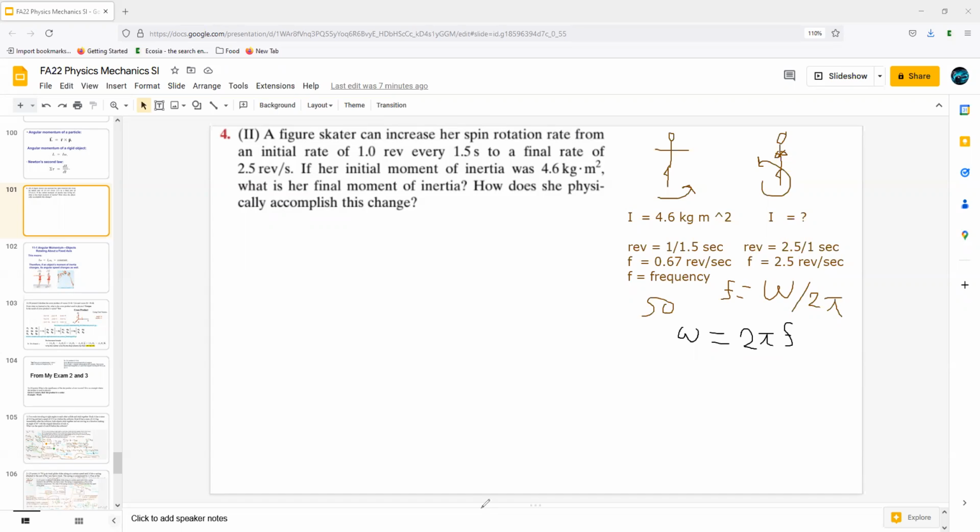So then you have angular momentum. Here, angular momentum is conserved. So I'm gonna use W, you just know it's an omega.